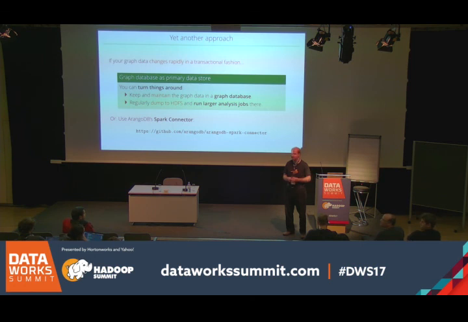Is this approach also suitable if the edge has a length or weight or geolocation or whatever? Yes. So in ArangoDB, vertices are JSON documents and edges are JSON documents, and you can put arbitrary data there.